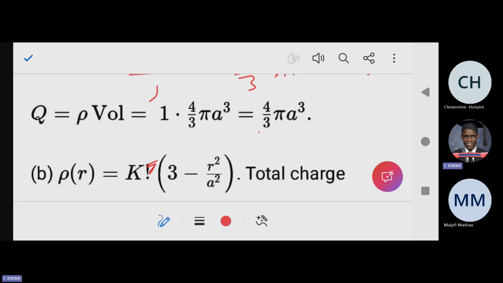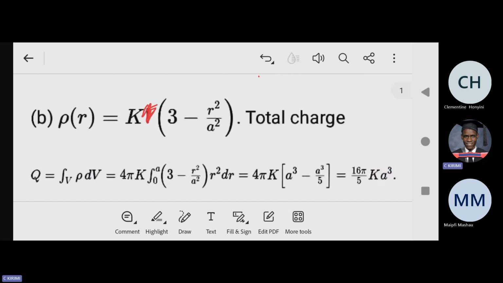So this K is just a constant. Ignore the factorial; it's just K. 3 minus r squared over A is the function for the charge density of non-uniform distribution. So if I want Q, I integrate rho dV over that volume. What is my rho and what is my dV?